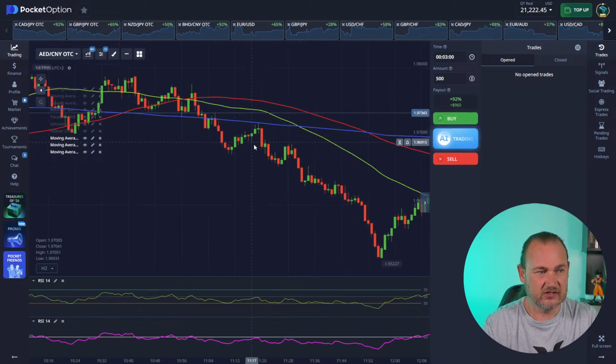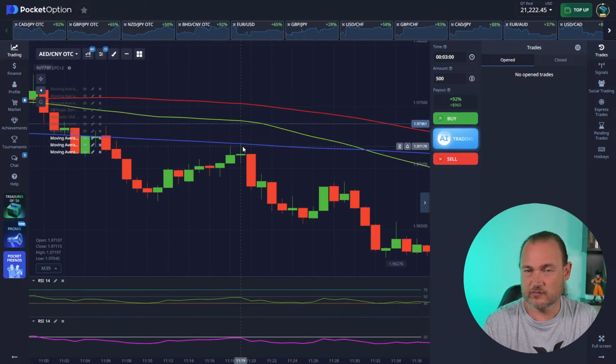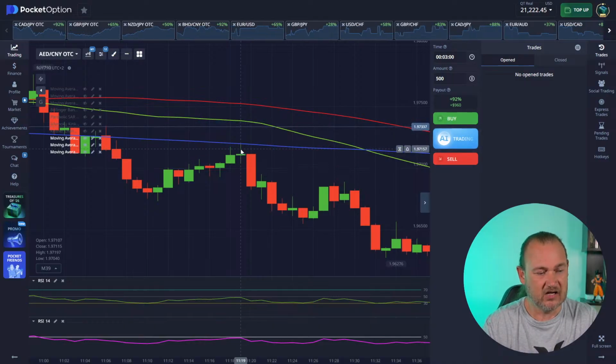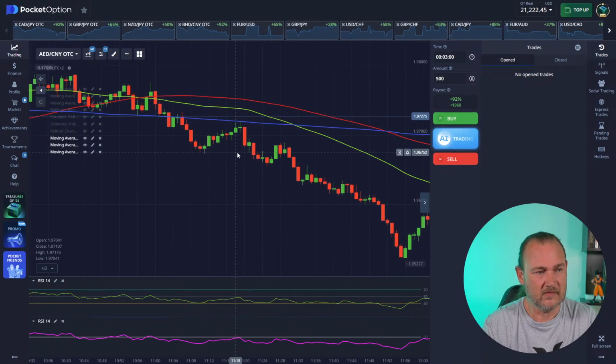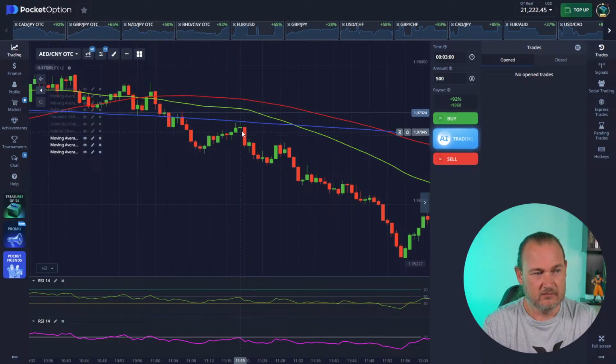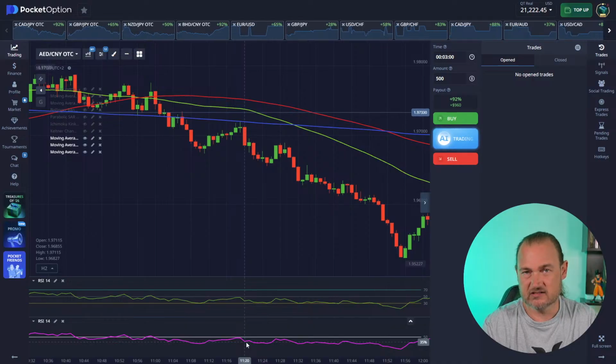So this candle here definitely rejected from the 200 moving average, but if I look at my RSI while this candle was still open, I can see that my RSI hasn't turned down yet. It's still testing that 50 area. So this would not have been my entry candle. This would have been my entry candle here, because on the close of this candle, I can clearly see how the RSI rejected.